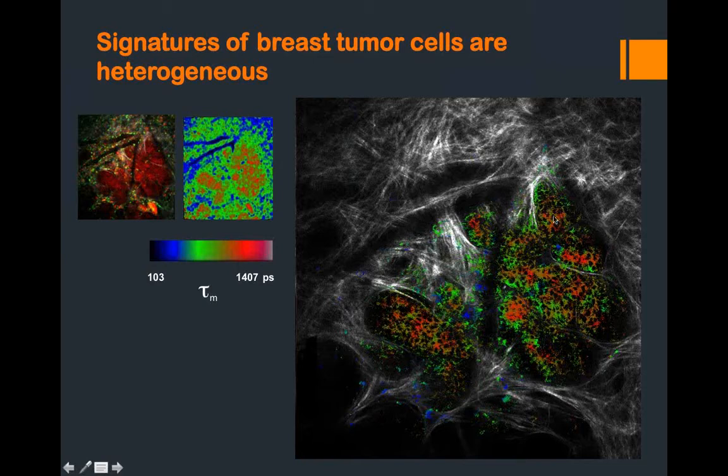So we have longer lifetimes and shorter lifetimes. They're not homogeneous. But if you look, it seems like in areas that are closer to the collagen fibers themselves, we can see relative changes in the metabolism closer to the fibers as opposed to far away in the tumor itself.